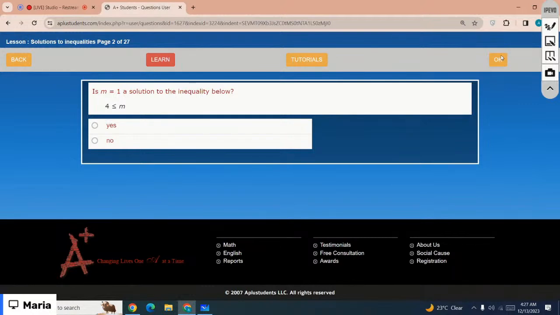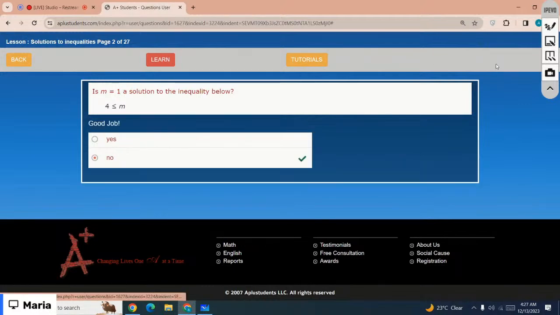The correct option is no. Sorry, 4 is not less than 1. So the correct option is no. 4 is not the solution of the inequality. False it is.